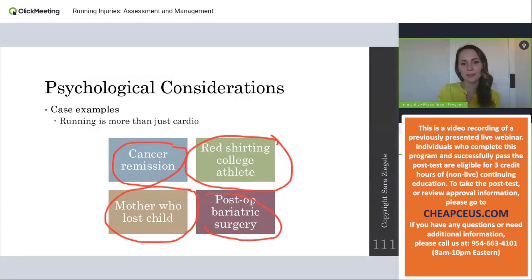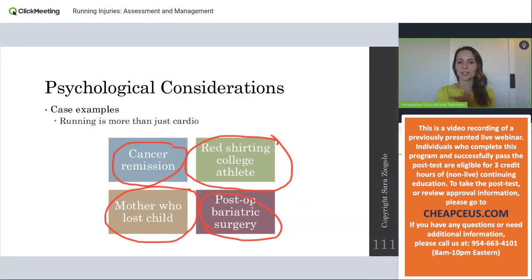And then finally, the post-op bariatric surgery. I think a lot of times, once people have gone through these large weight loss procedures, they're encouraged to exercise. And of course, their bodies have gone through such radical changes that they're accommodating to a whole lot of things. And probably in their previous BMI, were not able to do running. So now that they are able to run, a lot of them see that, similar to the cancer population, as a way to maintain their gains and maintain their success.